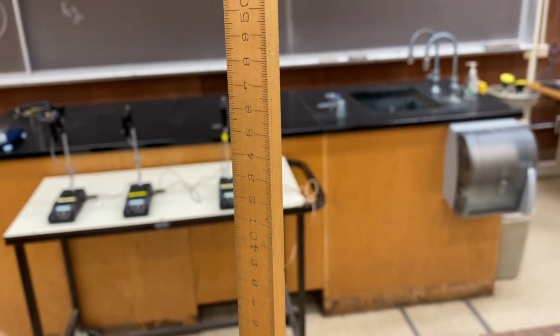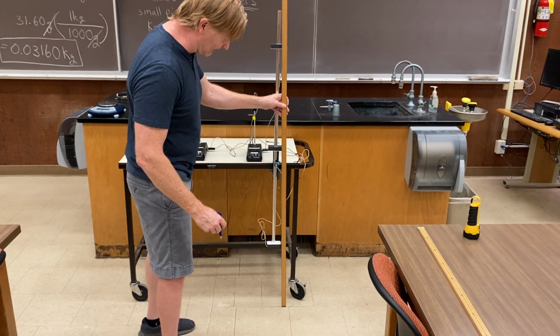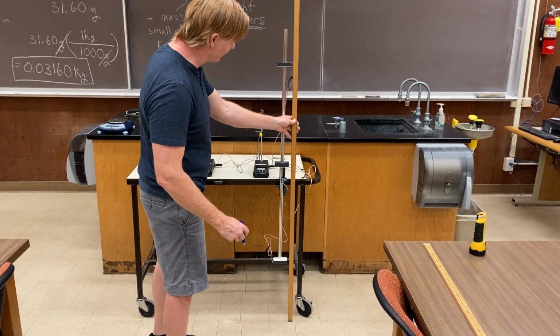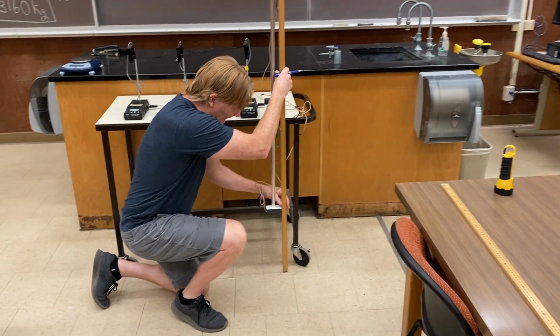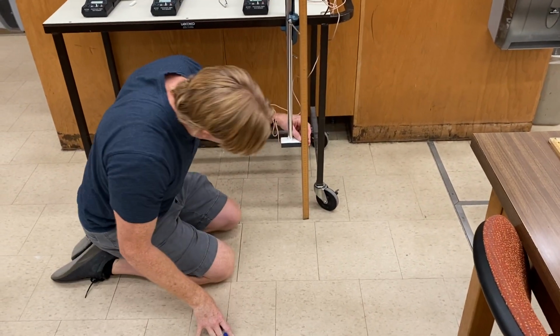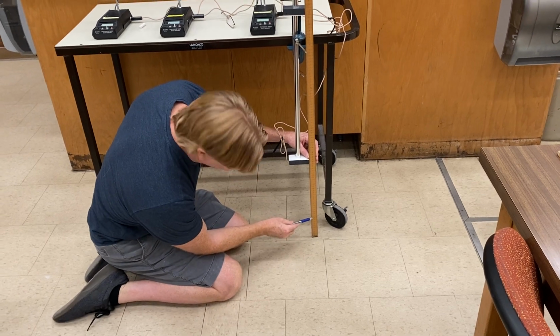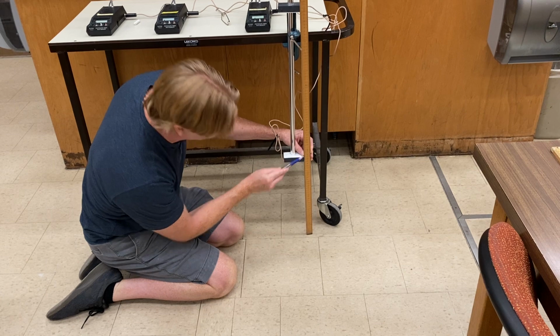So let's take a close look at this bottom measurement here. Actually, yeah, let's do that. So I'm just gonna put this guy up here, and then I'm just gonna carefully look at the bottom and go, okay, well, this is 1/10 of a meter, 2/10, 3/10, here's 4/10.